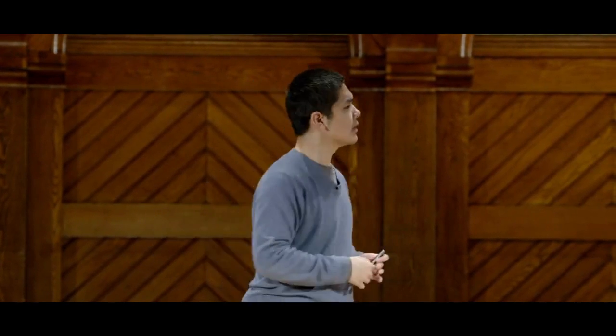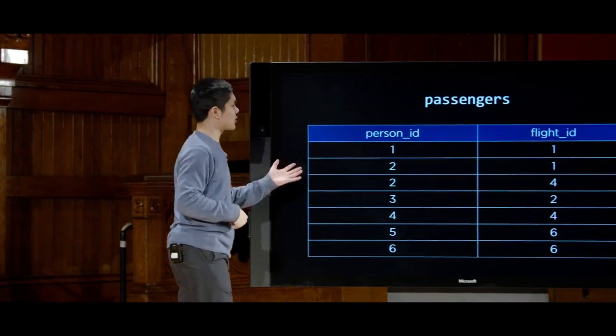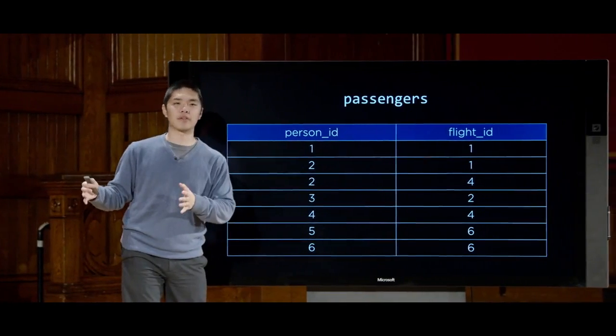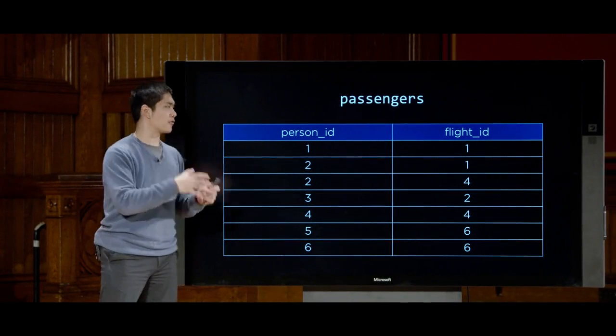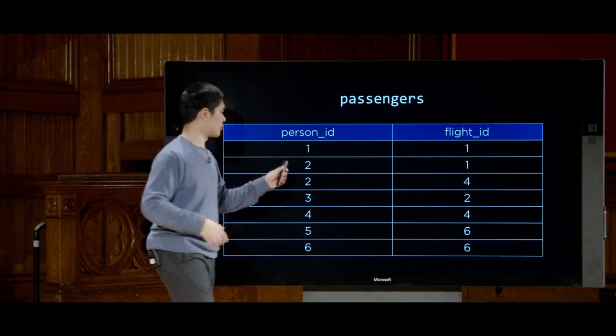We have a table for airports and a table for flights. Any flight is going to map to two different airports, one destination, one origin. And any airport might appear on multiple different flights. It's sort of a one-to-many relationship. And then over here, when it comes to passengers, we've stored people inside of a separate table, and then had a many-to-many mapping between people and flights, so that any person could be on multiple different flights.